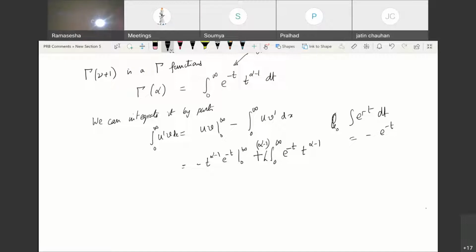Right? So what is this was plus alpha minus integral e to the minus e to the power alpha, and then this is equal to alpha times gamma.